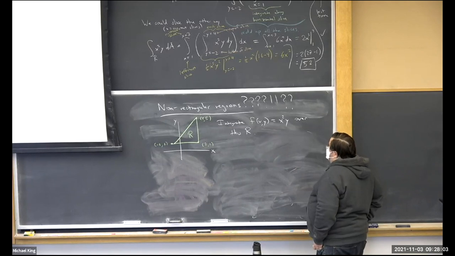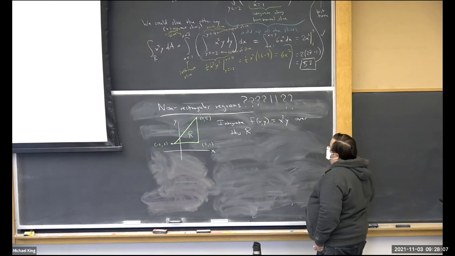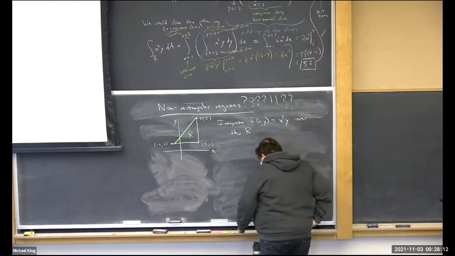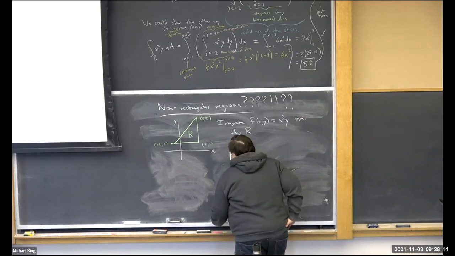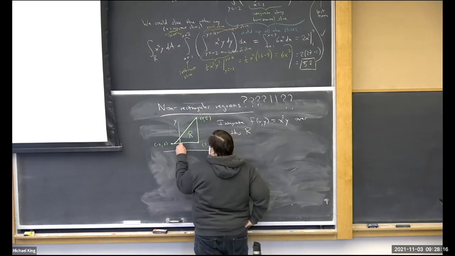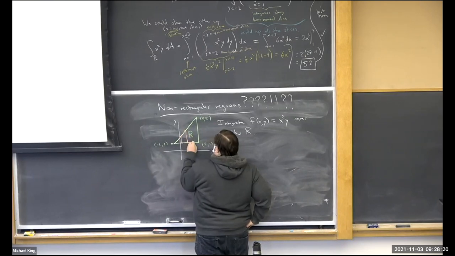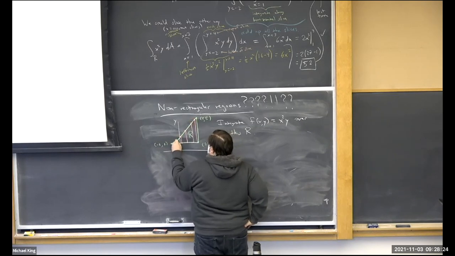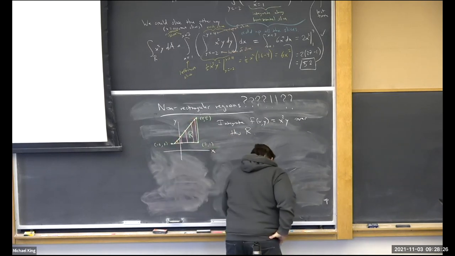Now, the idea, though, is going to be sort of similar. That's kind of why I was harping on the slices thing here. What if we wanted to take, we want to cover this region, right? So what if we just do vertical slices? Let's try vertical slices.